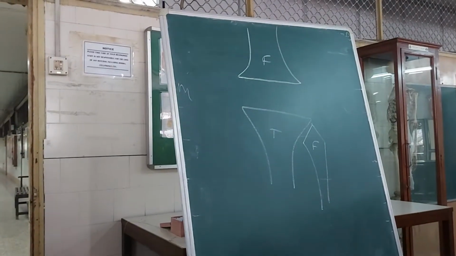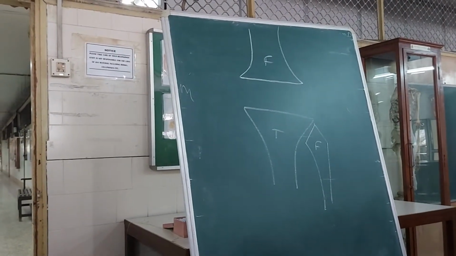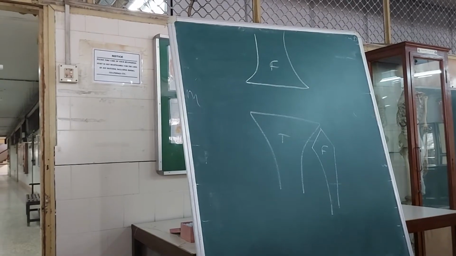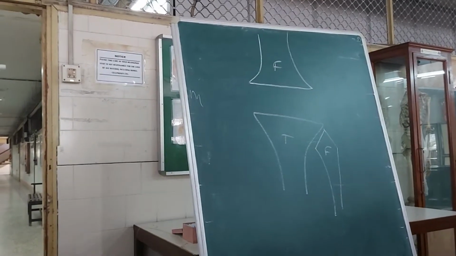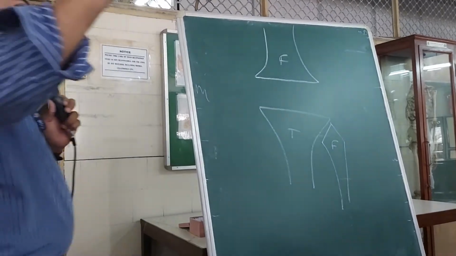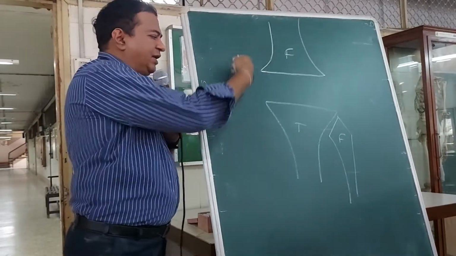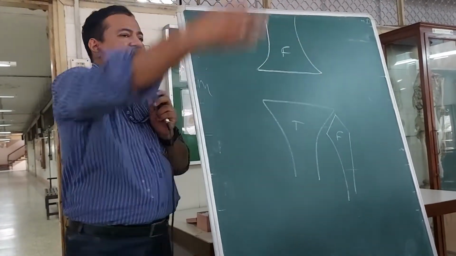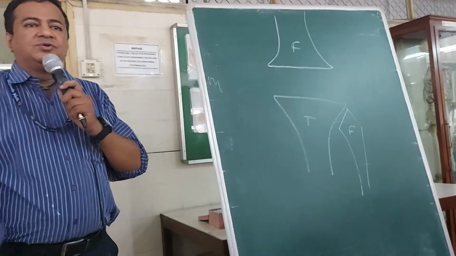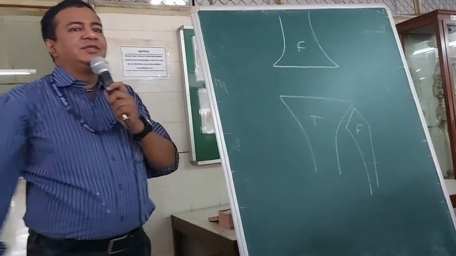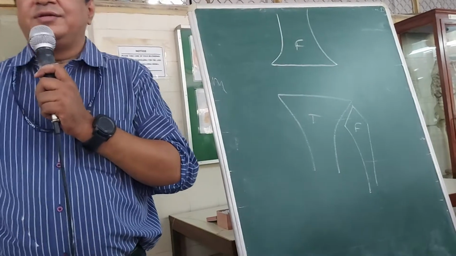The diagram I am drawing for you, remember, is a very commonly asked question. We have to just draw 3 lines on this side and 3 lines on that side.